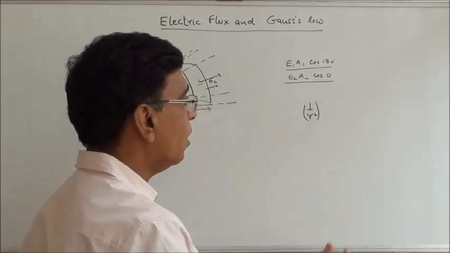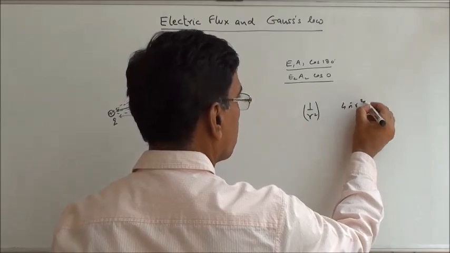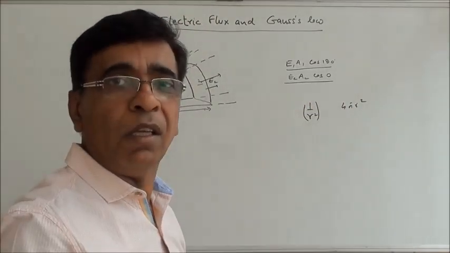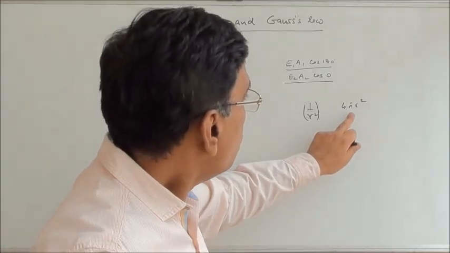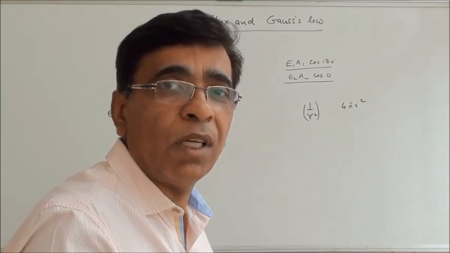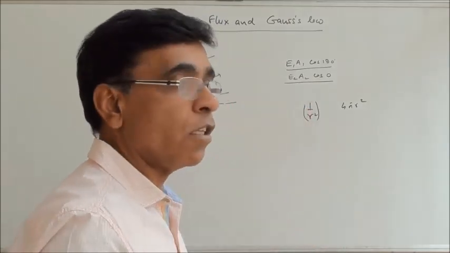What about area? Area of surface is 4 pi r square, and it is a part of it. 4 pi r square is the area of the sphere. So this area increases as r square and electric field decreases as 1 by r square.